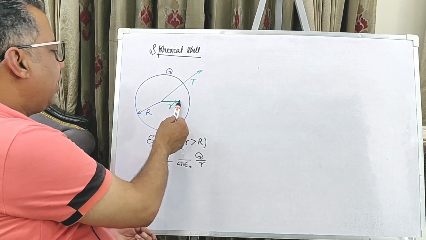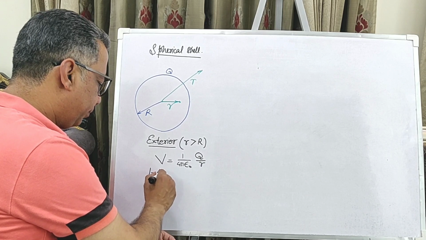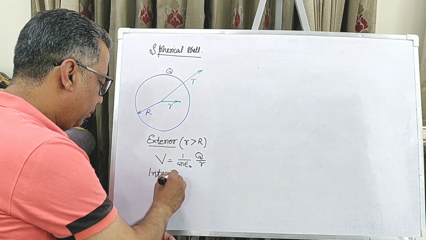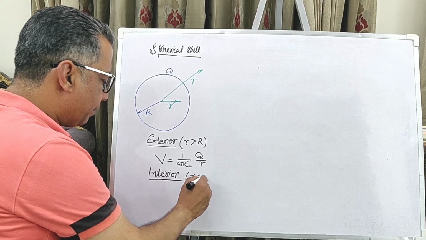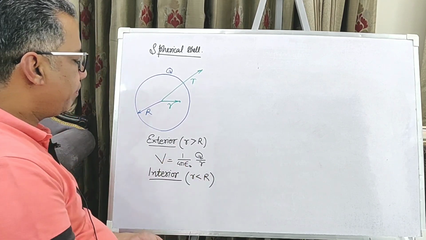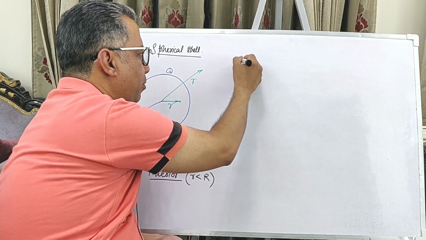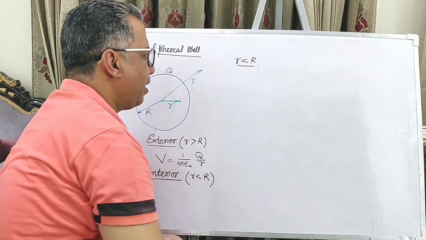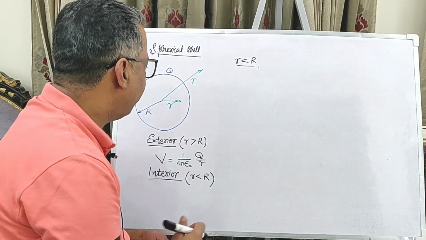Now if we go inside, into the interior of the shell, that's when small r is less than capital R. Let's take this up over here. When small r is less than capital R, you're inside the spherical shell. We are interested in calculating the potential.